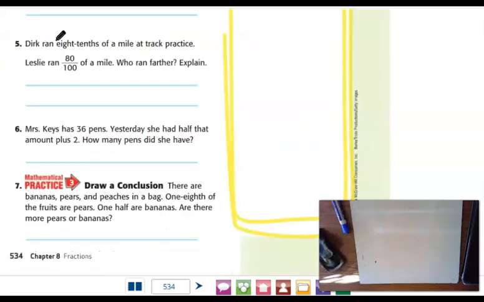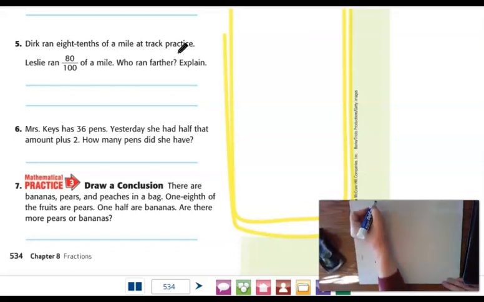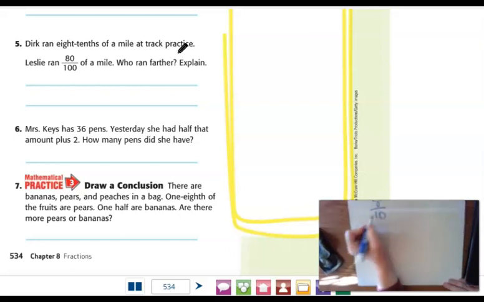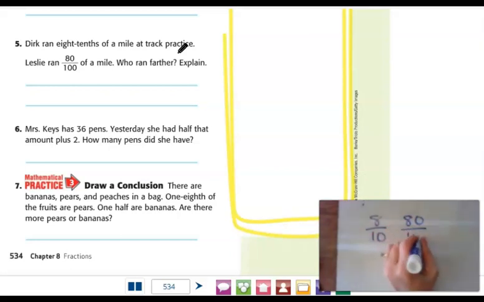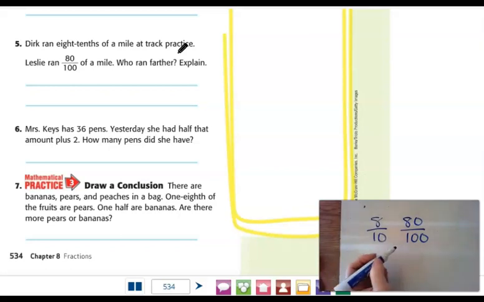Okay, if Dirk ran 8/10 of a mile at track practice and Leslie ran 80/100 of a mile, who ran farther? Hopefully you'll see as soon as I write this. 8/10 of a mile, and we're comparing that to 80/100. There we go, now it looks better. And hopefully you'll see that if I try to make common denominators, I can take 10 times 10 and that gives me 100.